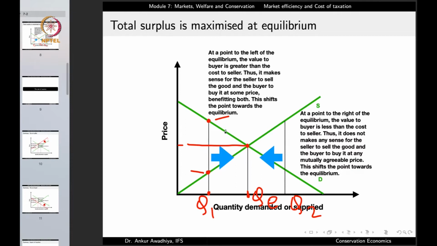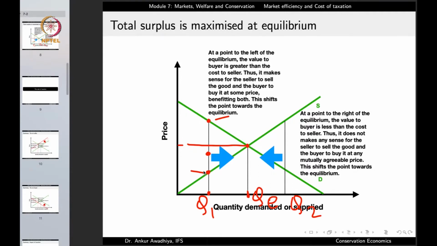So, suppose they choose a price, say somewhere here. We are not talking about the equilibrium price, but we are saying that at any mutually agreeable price between this point and this point, if the buyer buys the good from the seller, both of them will be benefited. Both of them will increase their surplus.